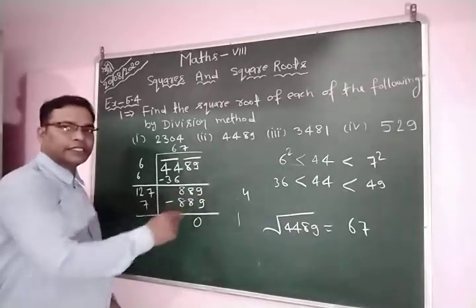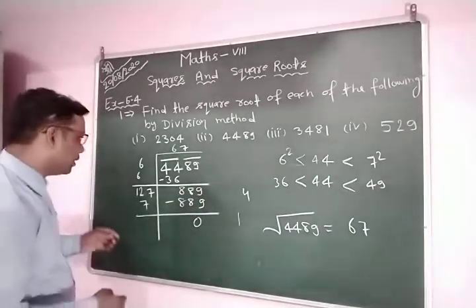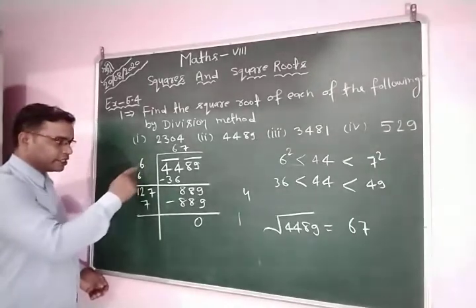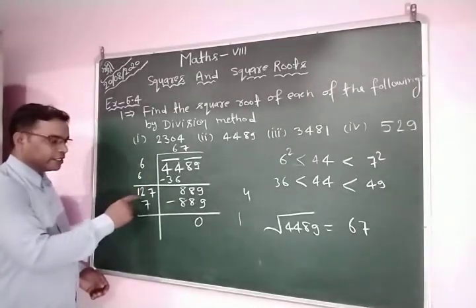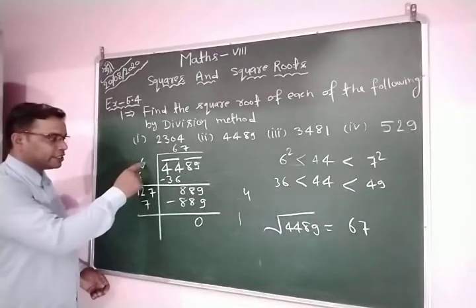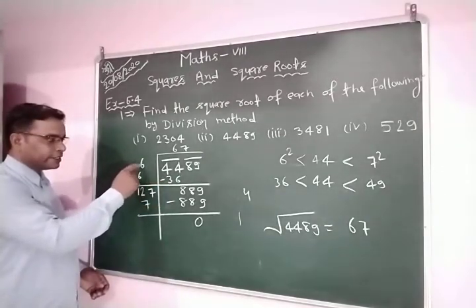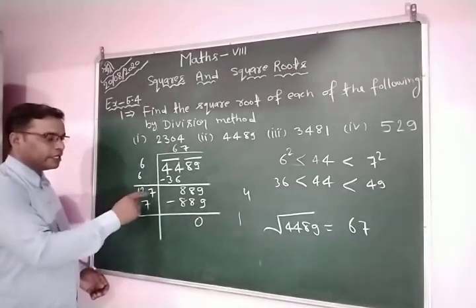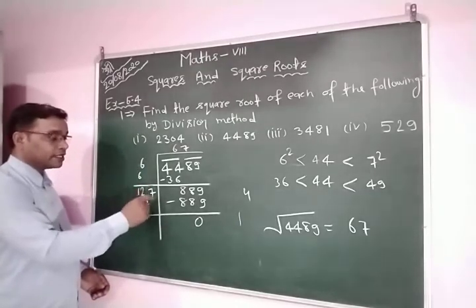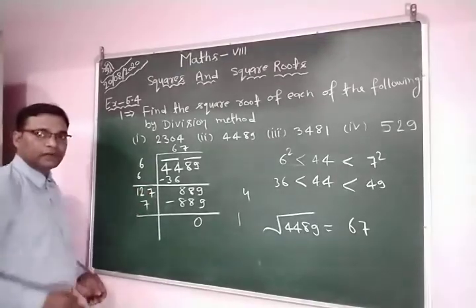So it becomes 889. This is our new dividend. Again we add this 6 plus 6 and write here 12, leaving a blank space for a new digit.